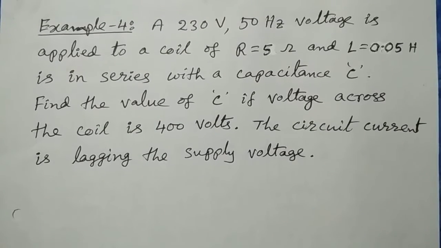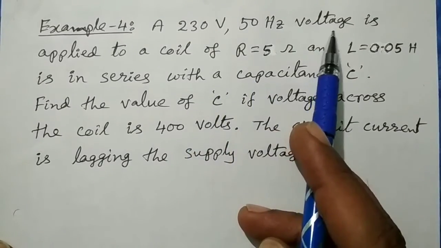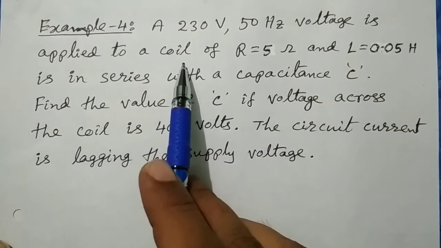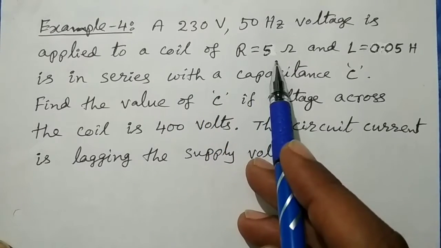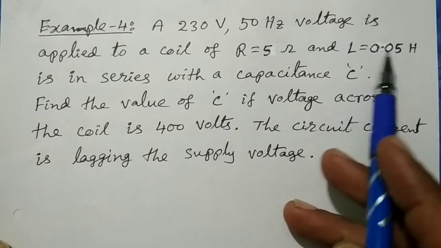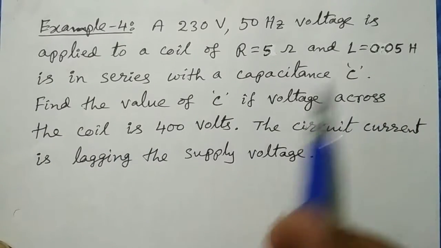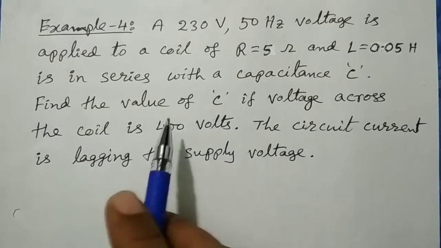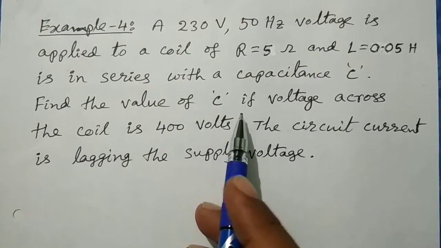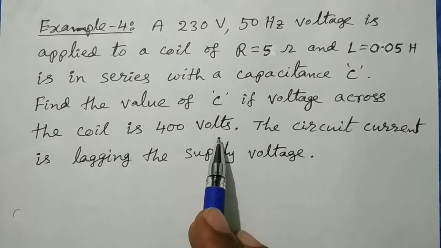Question number 4. A 230 volt 50 Hz voltage is applied to a coil of resistance 5 ohms and inductance 0.05 Henry, in series with a capacitance C. Find the value of C if the voltage across the coil is 400 volts.